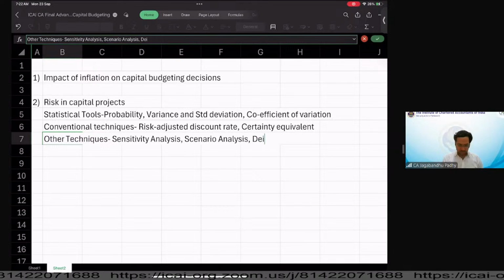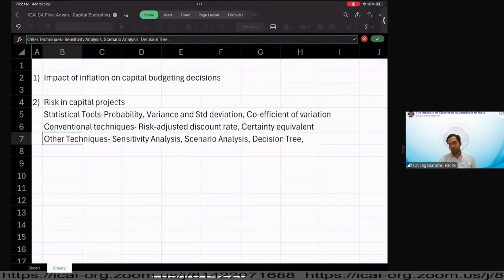Then we have the decision tree. Again, a really interesting thing, where you want to discuss the possible opportunities that a project can provide. If you think in a practical sense, I start with a project, and I want to take certain decisions about the project.